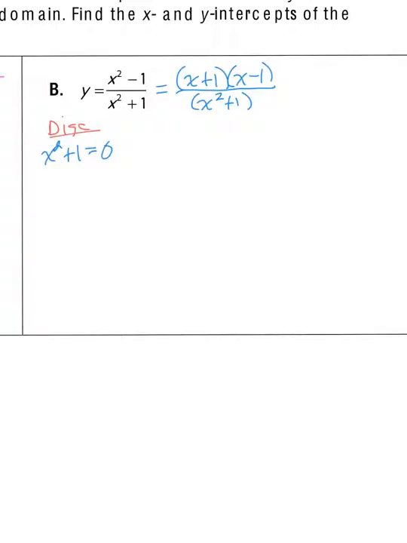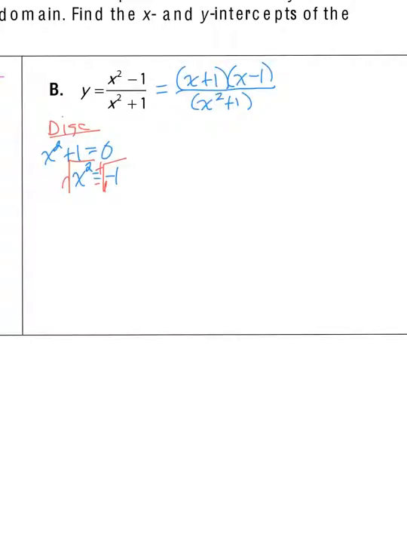Because, for instance, if I try to solve for x, I would subtract 1, and then I would take the square root of both sides, and I'd have to do plus or minus the square root of -1, which is not possible. You cannot take the square root of a negative number. You would end up with an i, which means we're not going to cross the x-axis. There is no discontinuity as far as a vertical asymptote. There's no hole because I was not able to remove any factors.